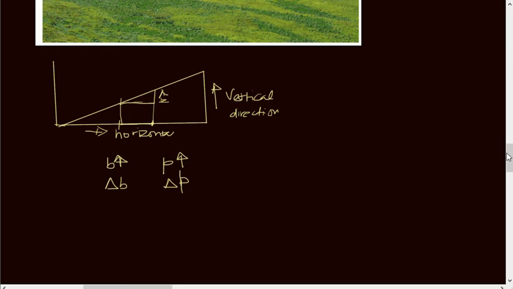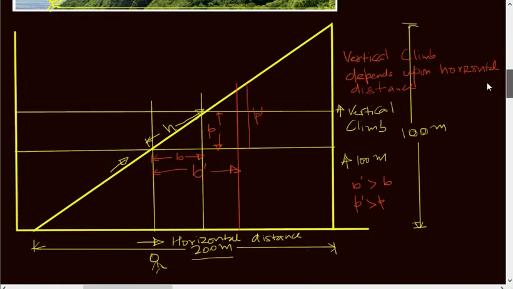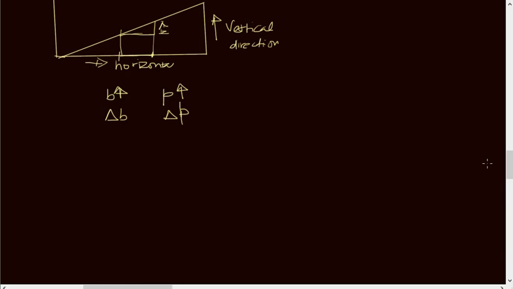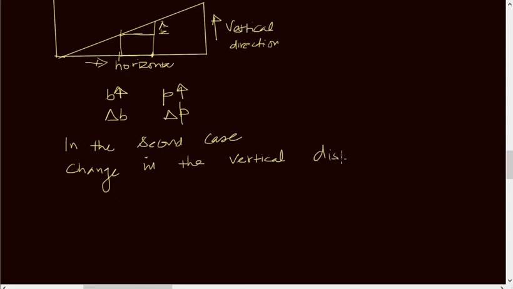So if we compare this picture and this picture, what we can see in the second case, change in the vertical distance is slower in the second case.